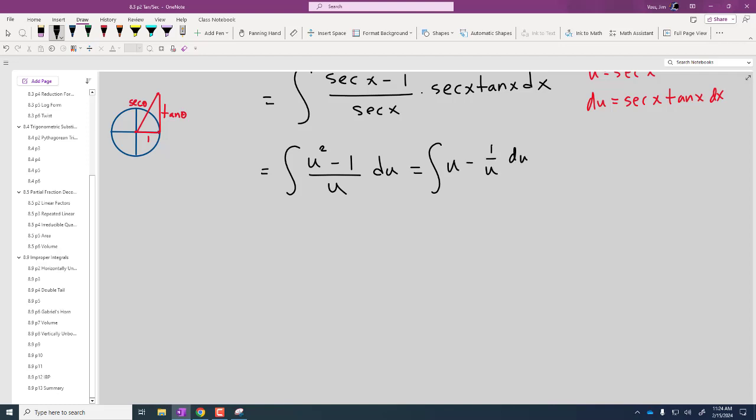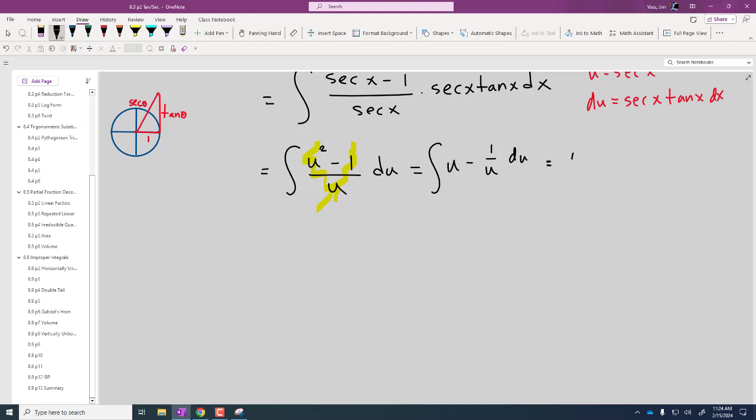You can just split the fraction. If you can't split the fraction, then you would have to do long division. Here we can just split the fraction. So we can divide the u into the u squared, divide the u into the 1. We're good to go. Now we have a proper fraction, no issues.